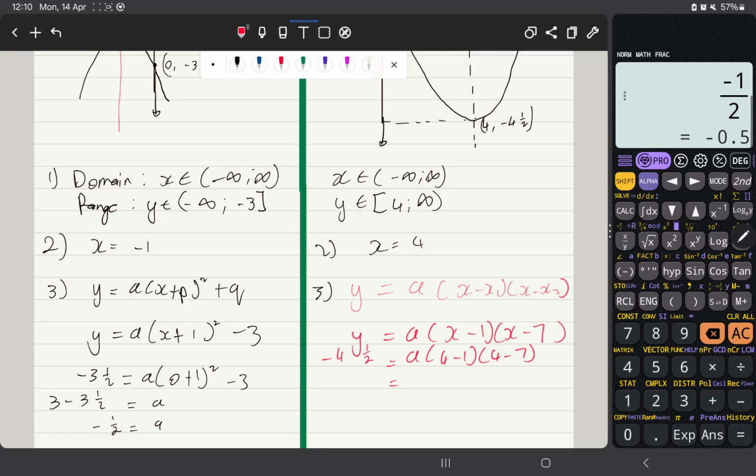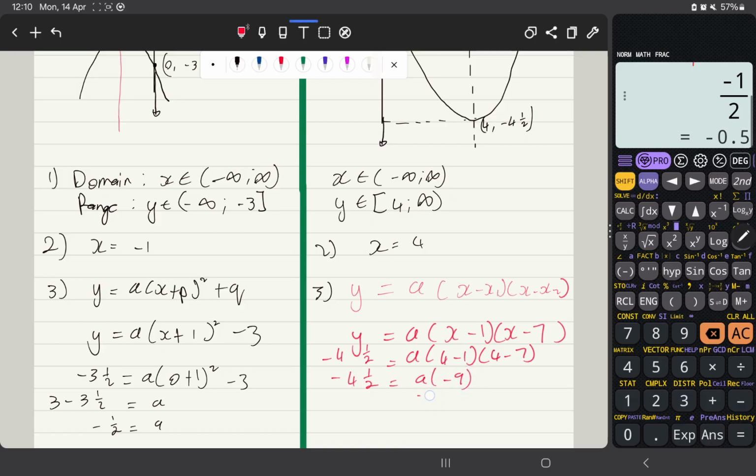On this side I have 4 minus 1, that is 3, and then 4 minus 7, that is also 3, but it's a negative 3. Negative 3 times 3 is minus 9.